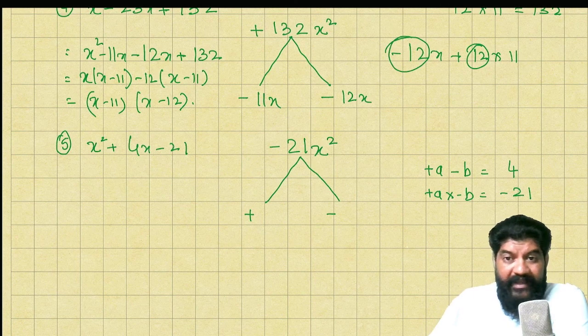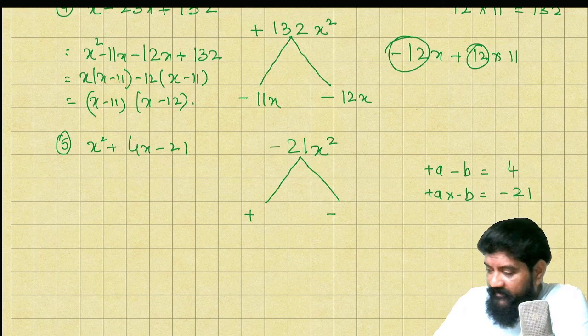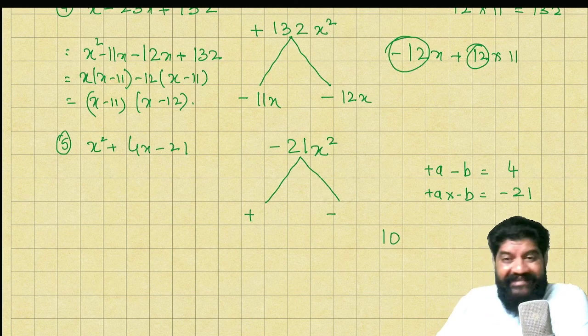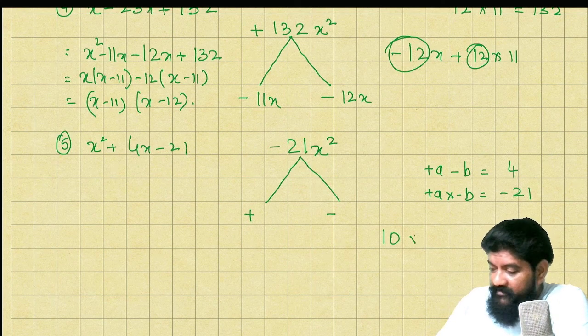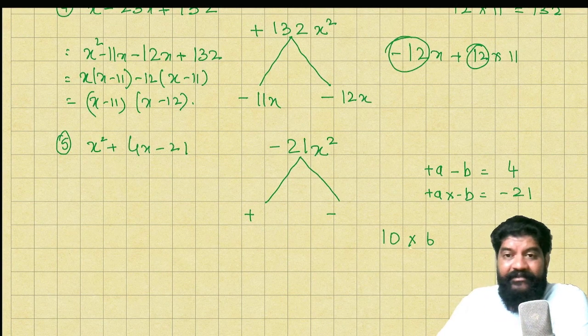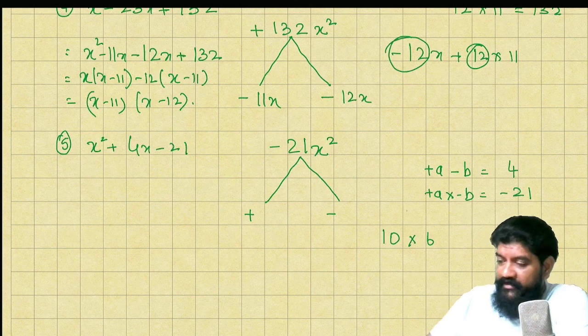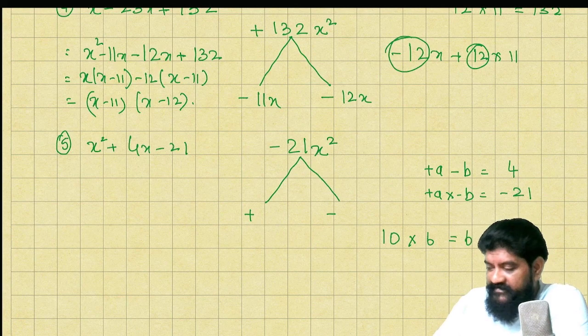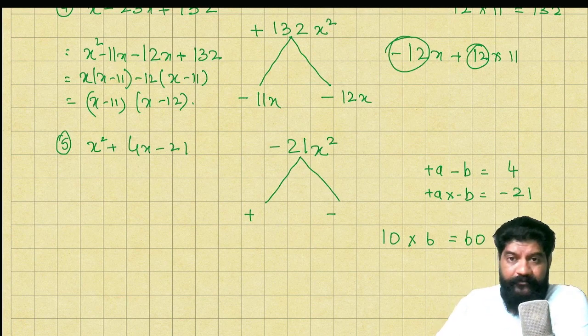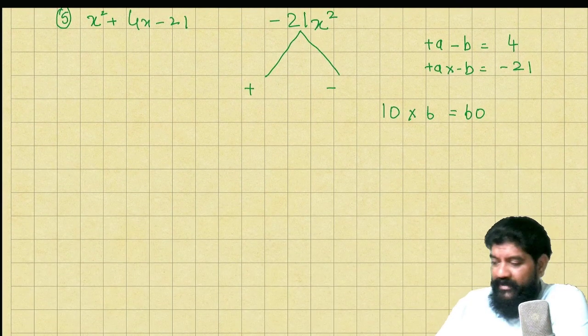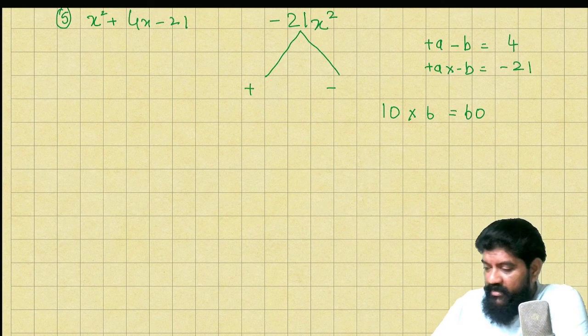If I pick a number, let's say 10, I'm blindly picking a number, the next number I have to choose will be 6, because the difference between them is 4. The product of this is 60, so it's not going to work. It's too big. So I'm going to reduce the numbers. I'm going to start with 9 and let's say 5.